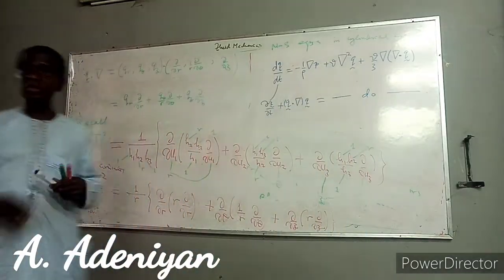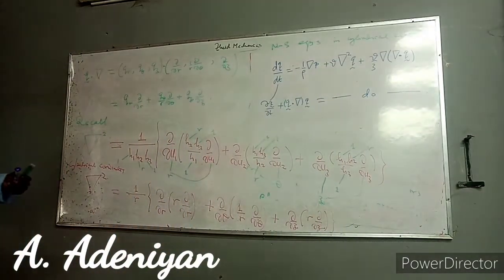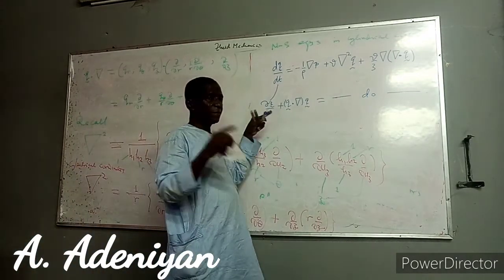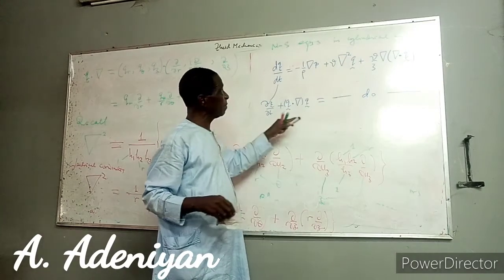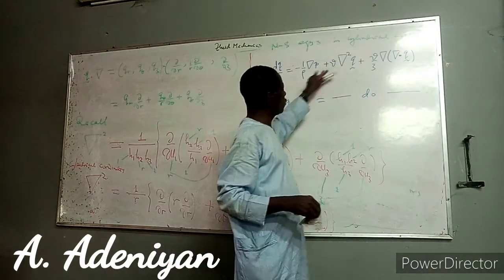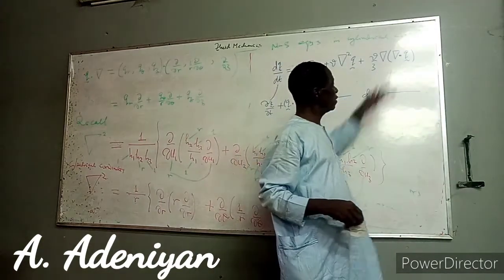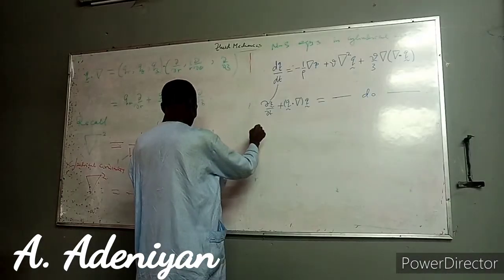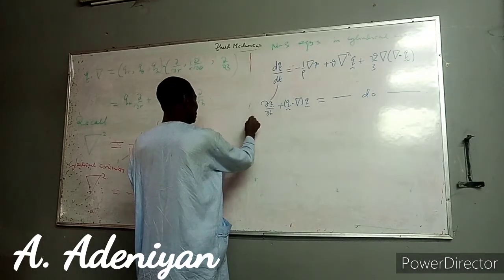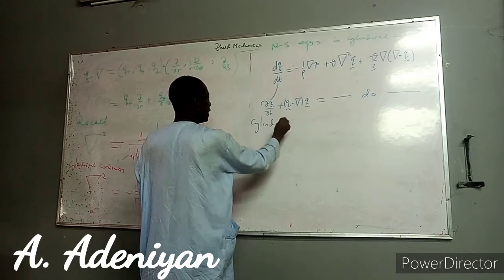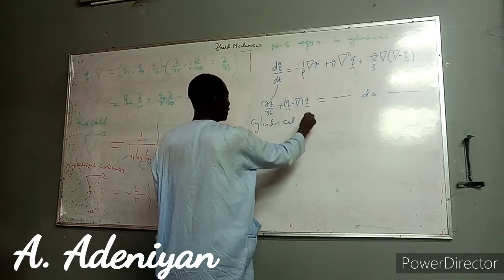So if you now substitute all that we have done today, if you now substitute for q in the cylindrical coordinate system, and all this we have done, grad, we have done that, we have done this, so we can now have the cylindrical coordinate form.